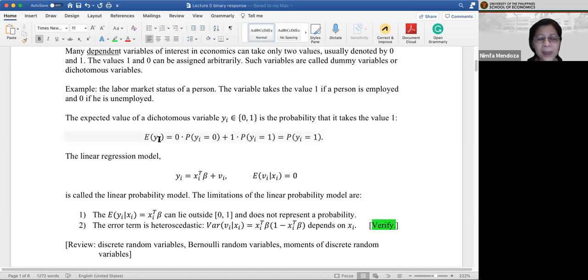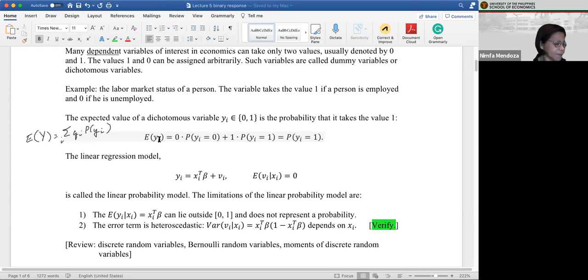So what is the expected value of y sub i? Well, if you have a random variable y, the expected value of y is just the sum of y sub i times the probability of y sub i over all possible values of y.